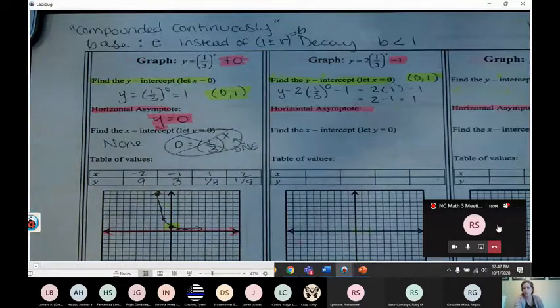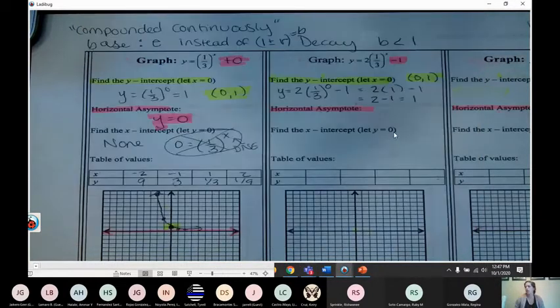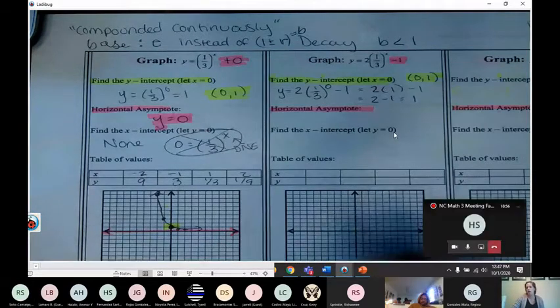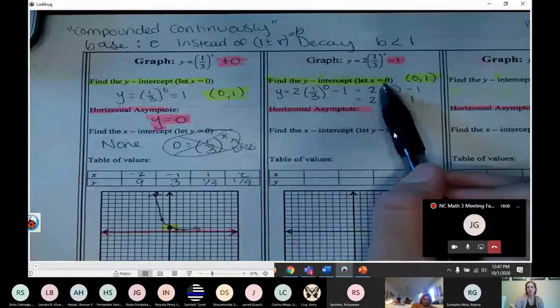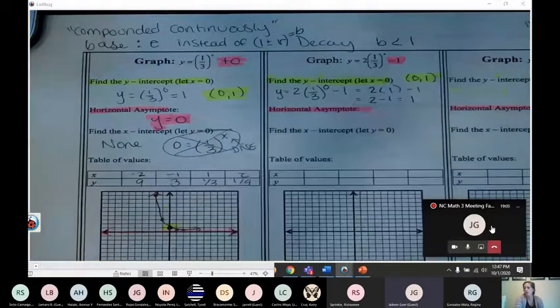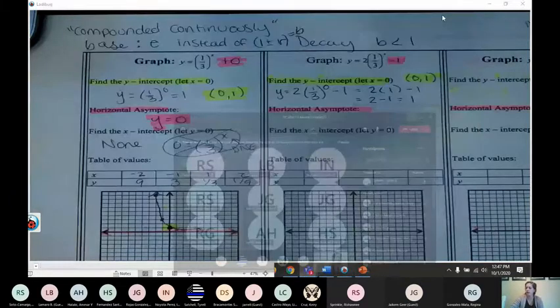Can you repeat that part again? You keep freezing, so I can barely hear you. Oh, I'm sorry. Okay, so it says find the y-intercept. So we set x equal to 0 to find the y-intercept.